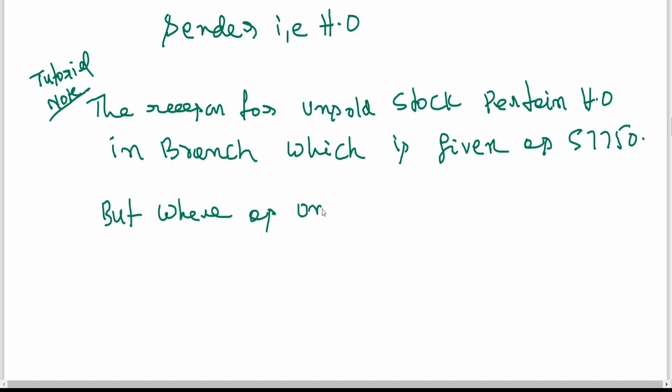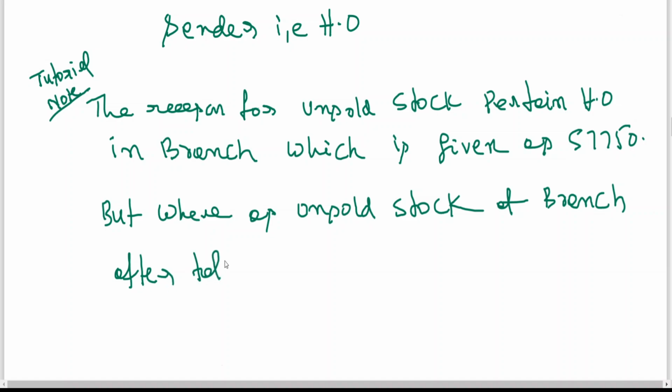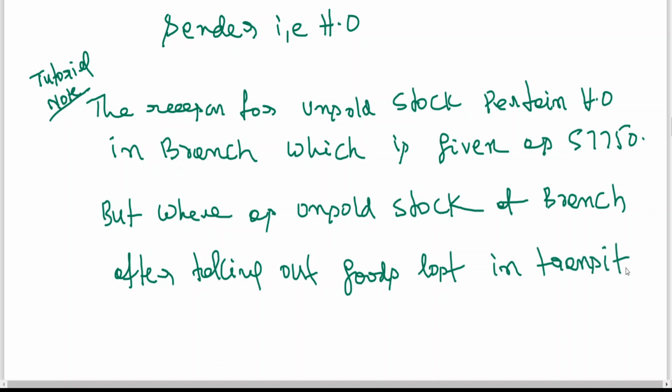But whereas unsold stock at branch, after taking out goods lost in transit, 4,005, is 56,557.